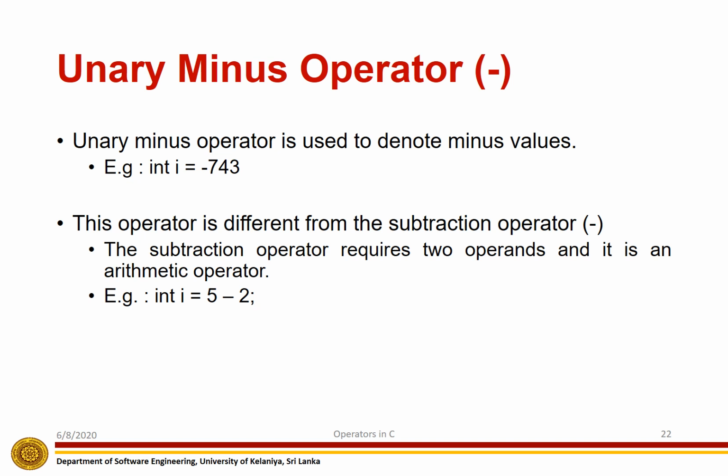You can see an example for subtraction here, int i equal 5 minus 2. So if this minus mark is used with 2 operands, it is called the subtraction operator, and if it is used with 1 operand like the above example, it is called the unary minus operator.